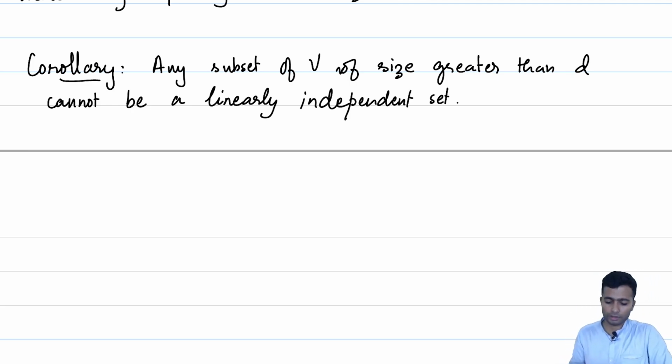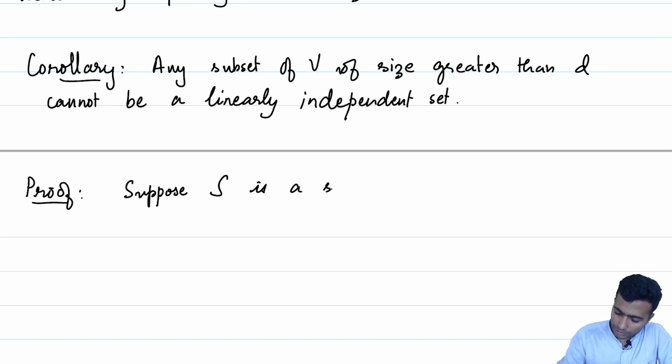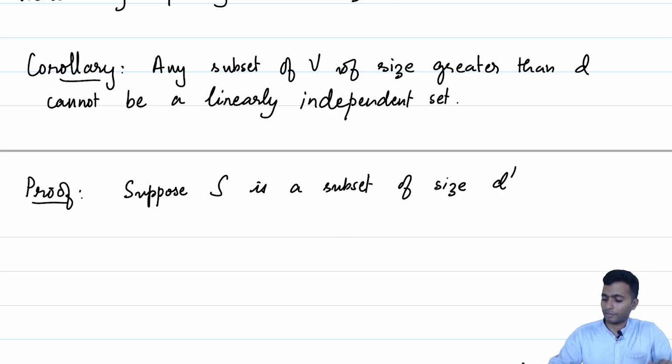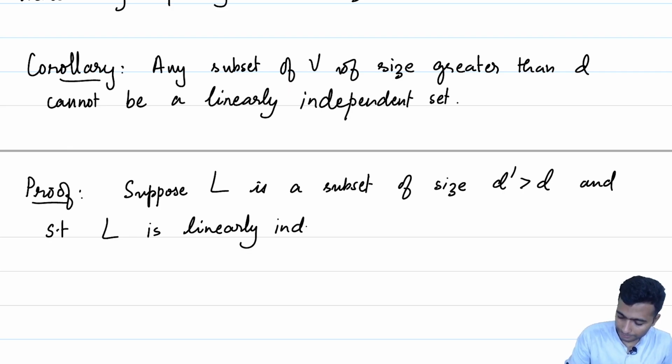Let's first prove it when S is finite. Again, we will prove it by contradiction. Suppose S is a subset of size D prime which is greater than D and such that S is, let me just rename it, let me call it L, linearly independent.